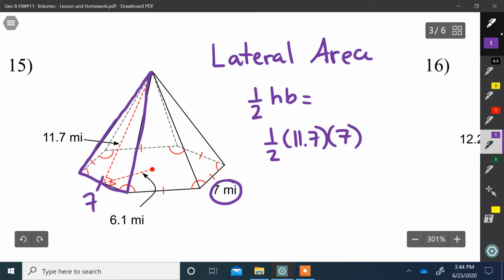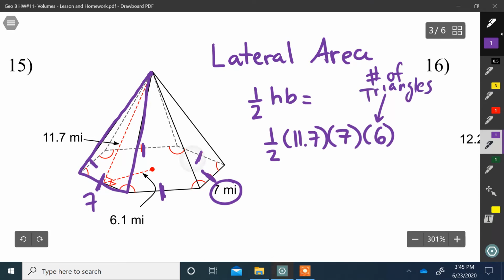And then we have to consider, here's where we need to add extra. How many triangles do we have? We have 1, 2, 3, 4, 5, and 6. So I need to multiply times 6. Okay, this right here will be the number of triangles.